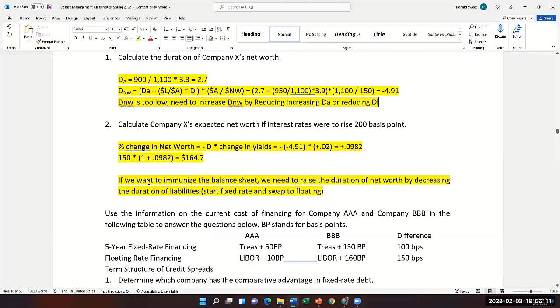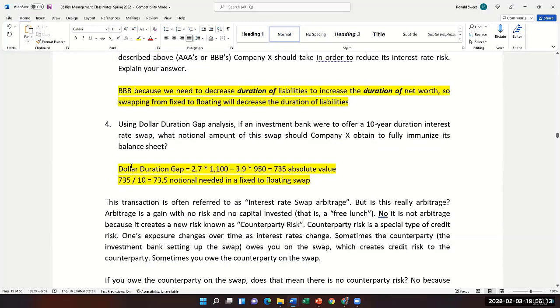So, all right. So let's do dollar duration gap. Again, banks don't do this. This is more of a pension plan thing, but we'll do it just to get some practice here. So dollar duration gap analysis, you take the duration of assets times the dollar amount in assets minus the duration of liabilities times the dollar value of liabilities.